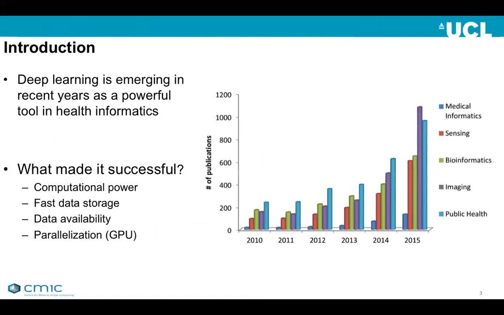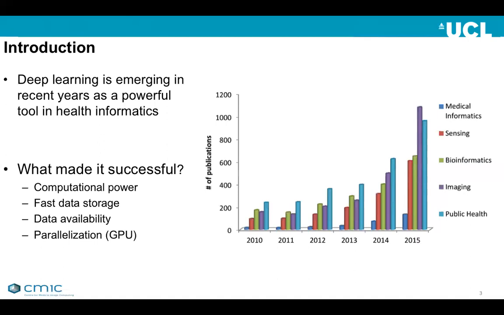So a few years ago, we realized that deep learning was an emerging tool to be used to solve medical applications and applications in health informatics. What is the reason why deep learning has become popular? There are many reasons. One main reason is definitely the fact that medical centers and hospitals started to organize and collect data properly. So this is a large amount of data and contributes to the success of deep learning.